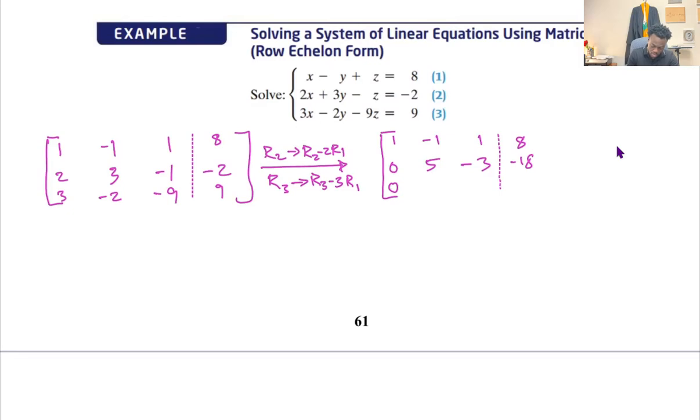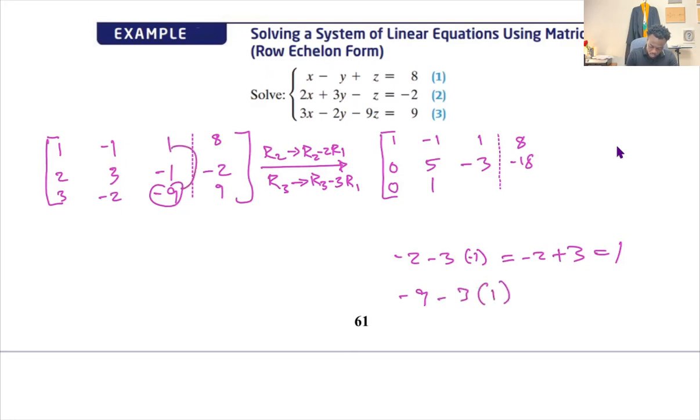That's -2 minus 3 times -1. Row 3 minus 3 times row 1. So that is -2 plus 3, that equals 1. And next, row 3, -9 minus 3 times row 1, that's 1. So that's -12.